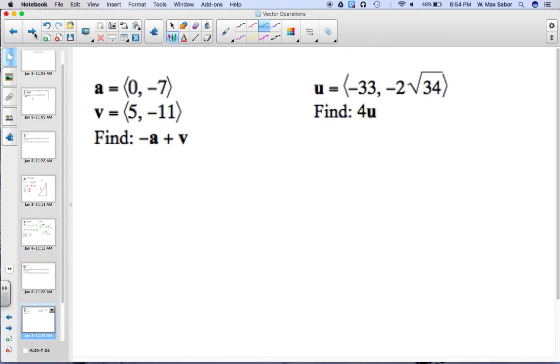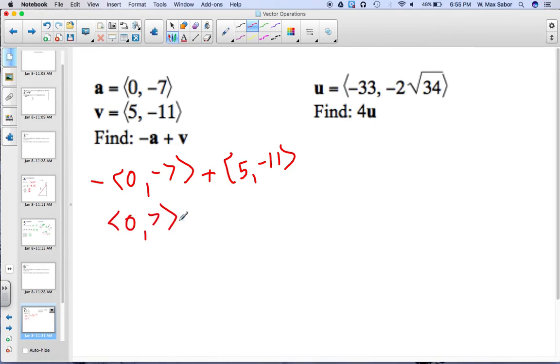So some practice. If we define these two vectors, what we can do is say, okay, this is vector multiplication first, or scalar multiplication. So negative a is negative 0, negative 7, plus the vector 5, negative 11. To make this negative, we distribute in the negative. And now we can add the corresponding components.